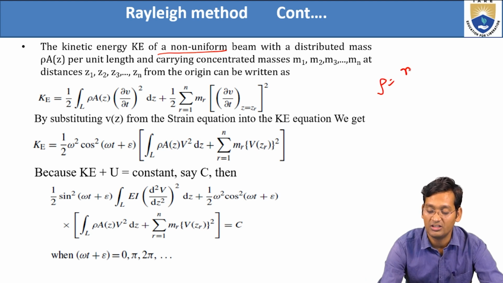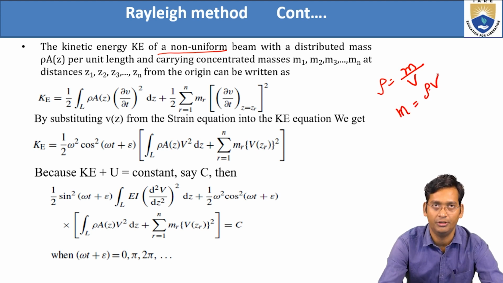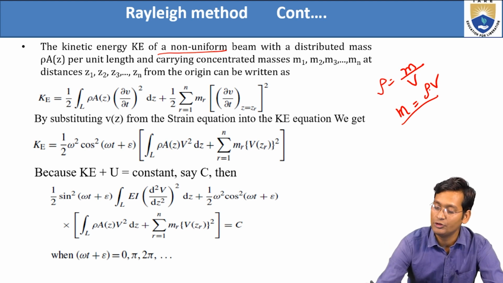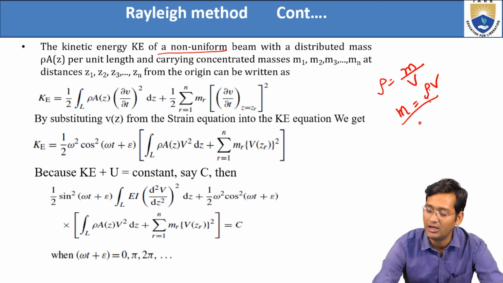Density is mass by volume, so mass will be rho into V. What will be V? A into z. So rho A of z per unit length. V is area into length.